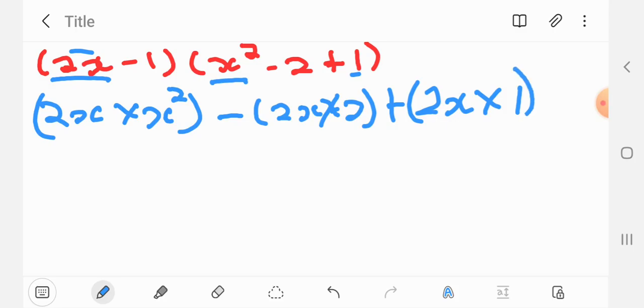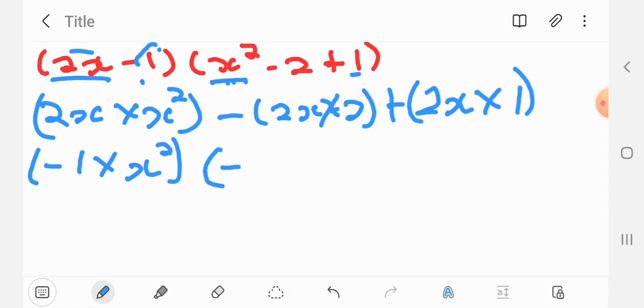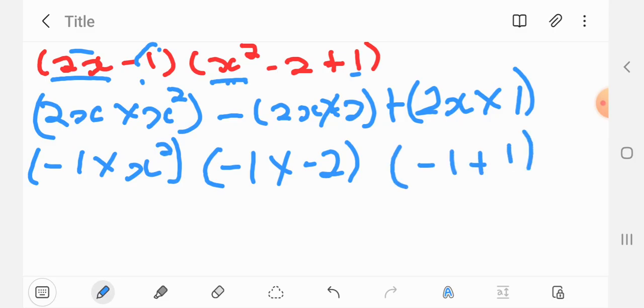Now we multiply the 1, so that will be negative 1 multiplied by x squared, with this negative 1 multiplied by this x squared, and then we will have negative 1 multiplied by negative 2, and then we will have negative 1 plus 1.